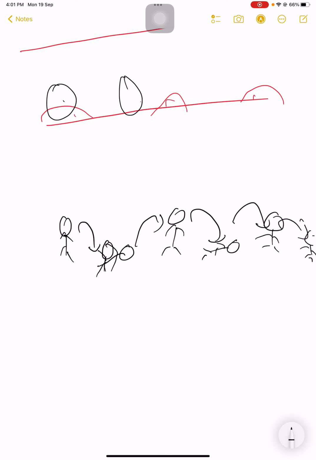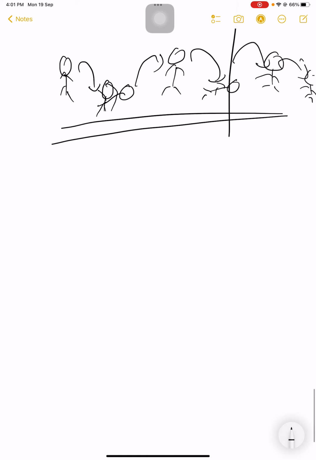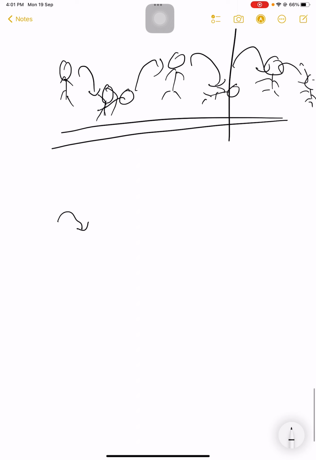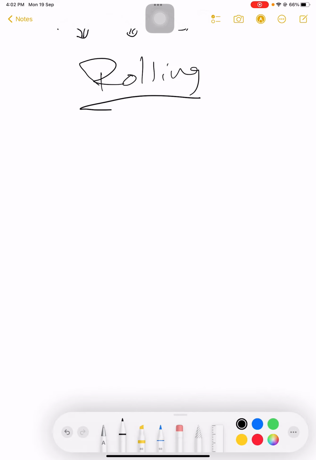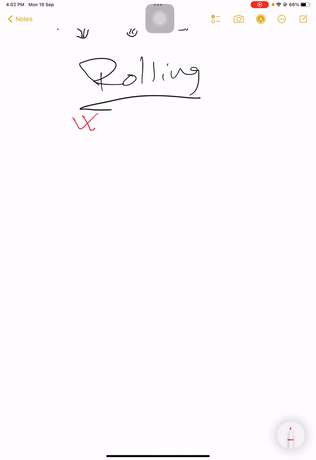Now this action is similar with the WBCs. WBCs will go down, again stand up, go down, again stand up, go down, and again stand up. And this process is known as rolling. Next is actually adhesion.